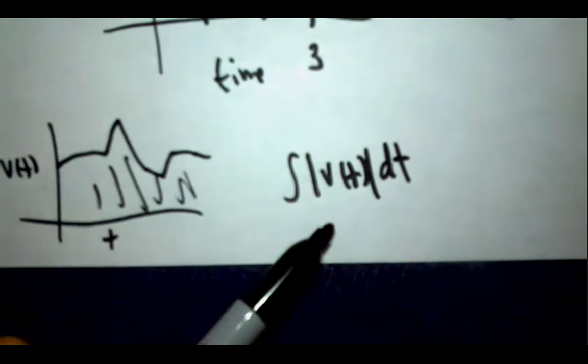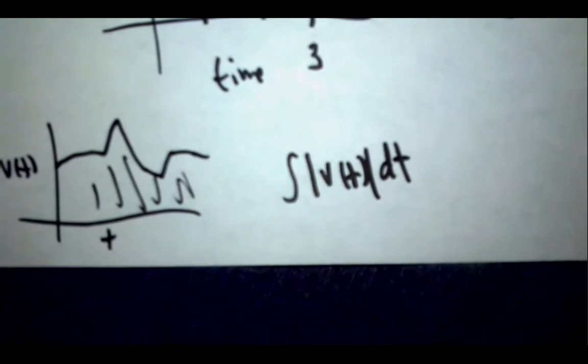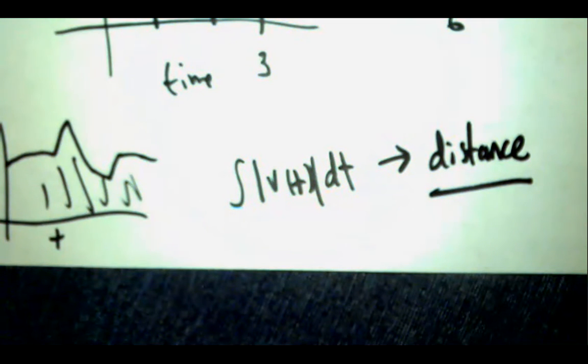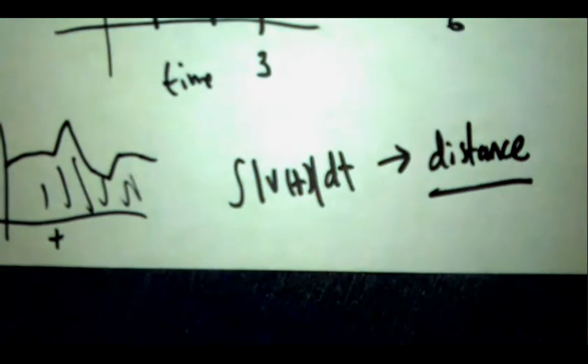You should write this down and put a star by it. The integral of the absolute value. Why absolute value? Distance cannot be negative. The integral of the absolute value of v of t dt stands for total distance traveled. All right, very good.